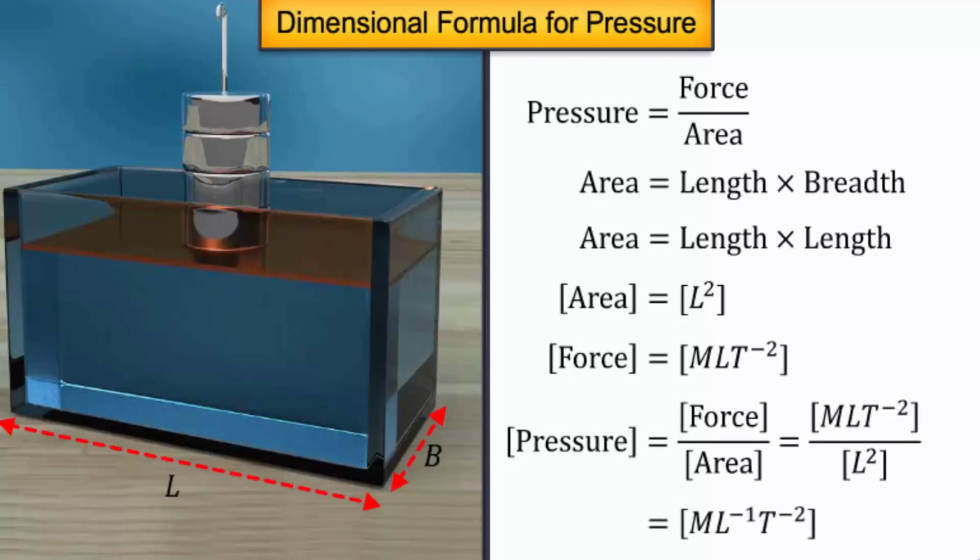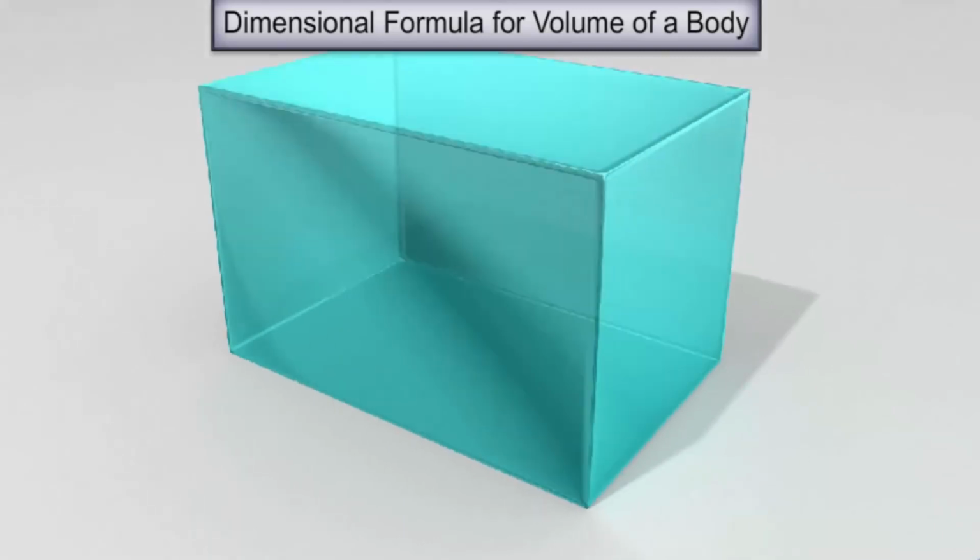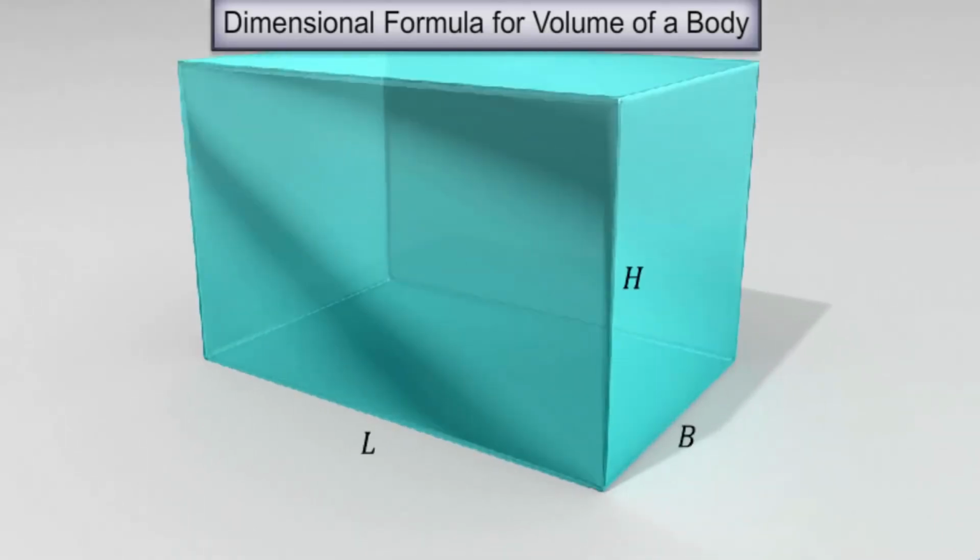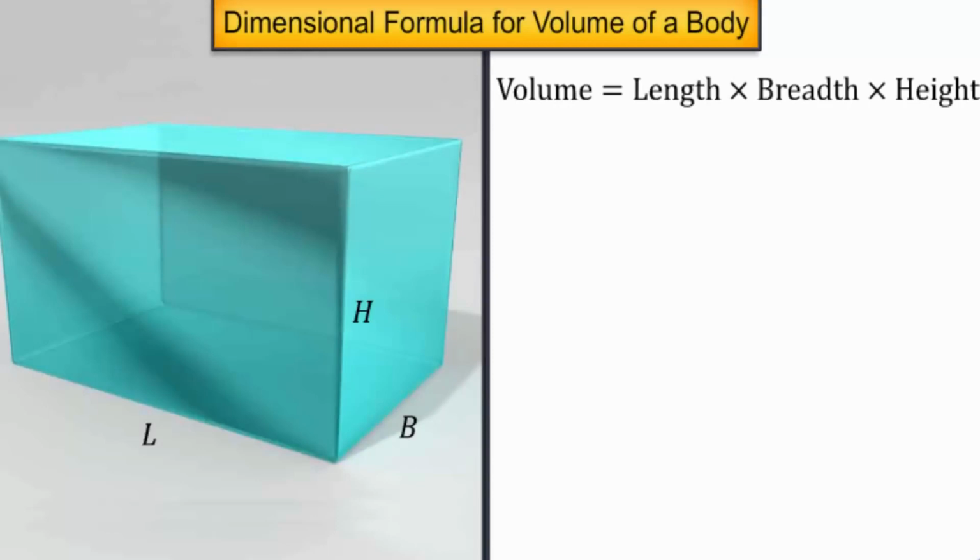Following the same methodology, we find the dimensional formula for the volume of a body. Volume is the product of length, breadth and height. Height also represents the base quantity, length.